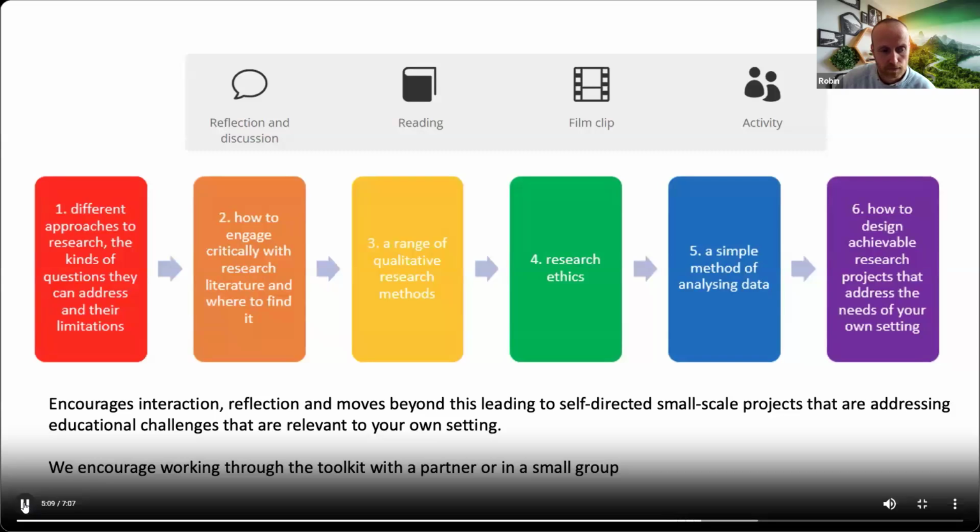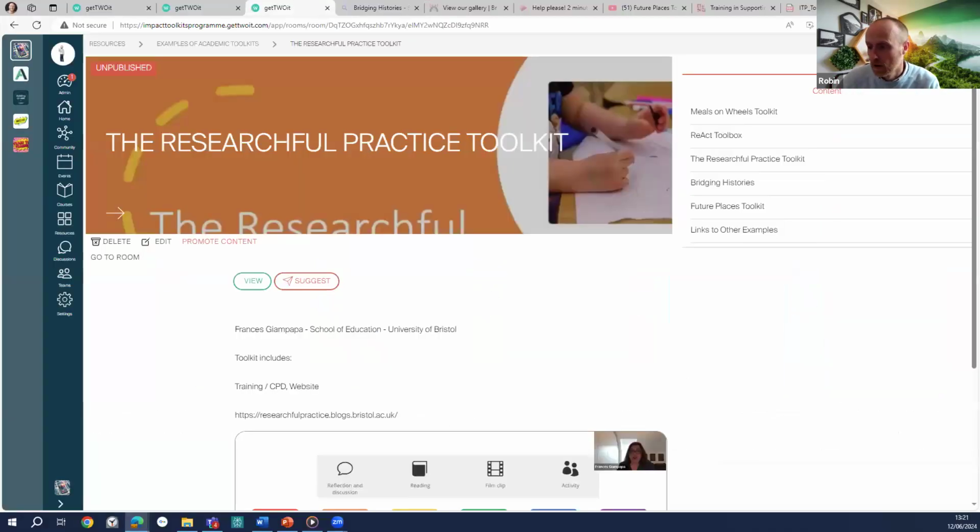Everything is built to support people to develop their research practice and their own projects by the end of the course. Okay, so again, if that's of interest, there are links to the site as well for that one, and you can see more of that there.